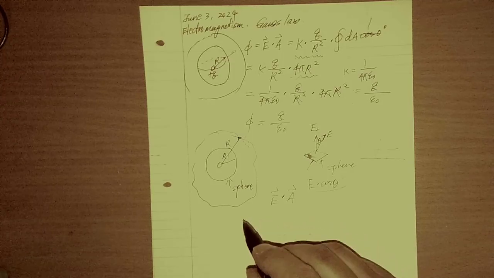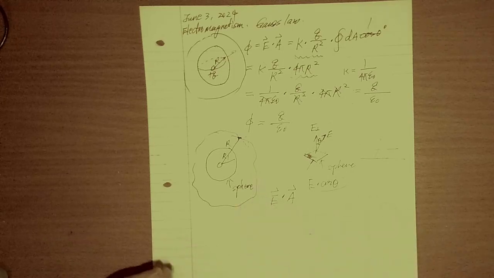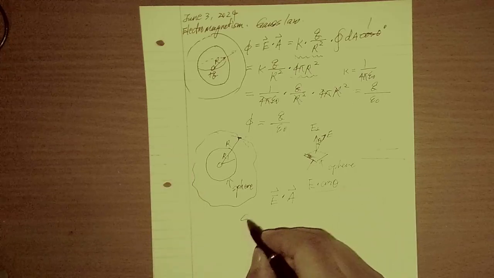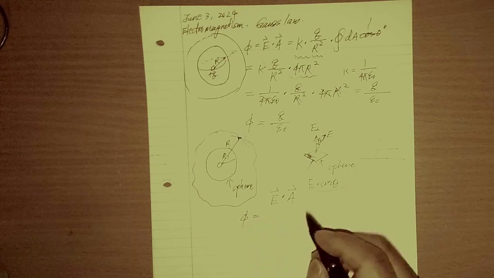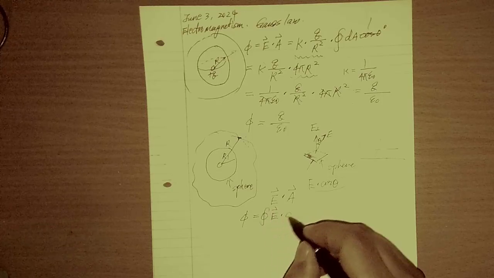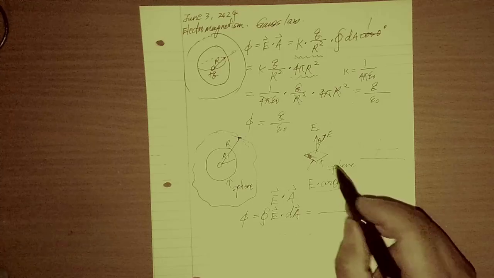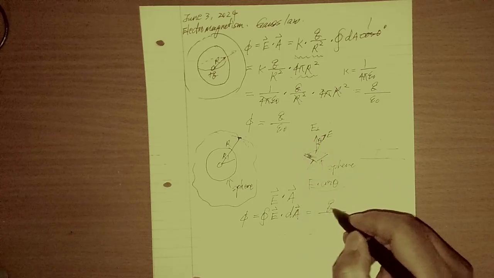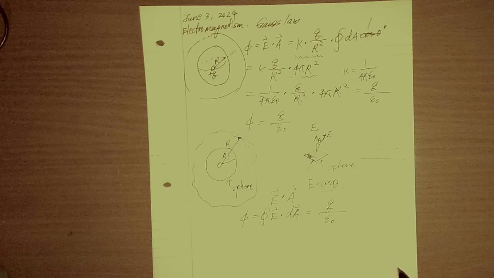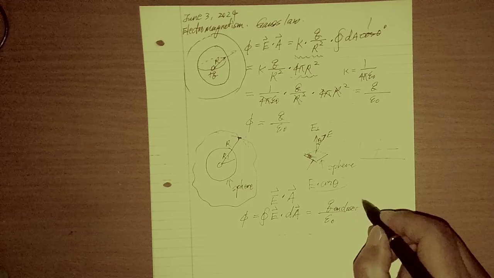Then even for the random shaped enclosed area, the electric flux is still E dot dA, and that is equal to the electric charge enclosed divided by the electrical constant.